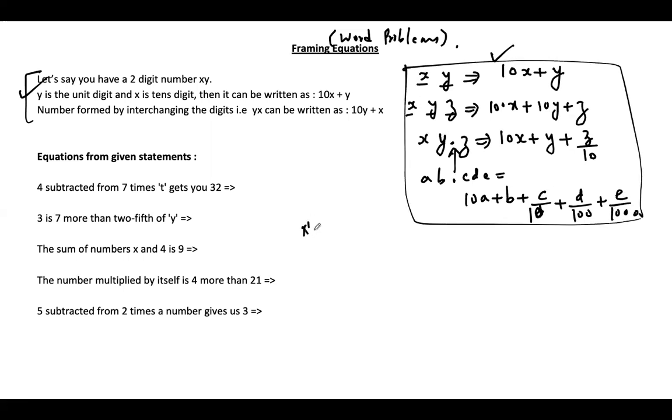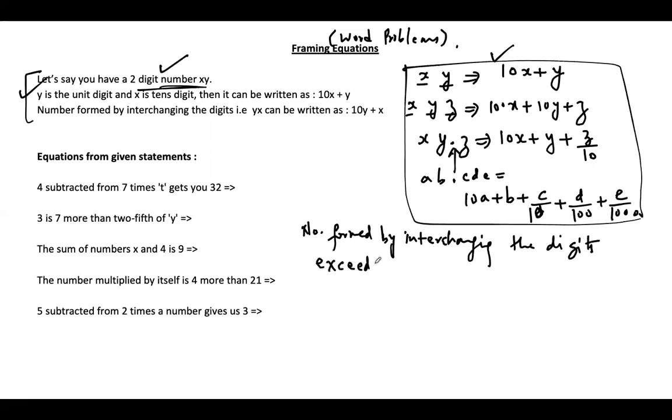So if I say the number is a two-digit number, and the number formed by interchanging the digits exceeds the original, again a random equation, okay, by 27. How will you write this in equation form?